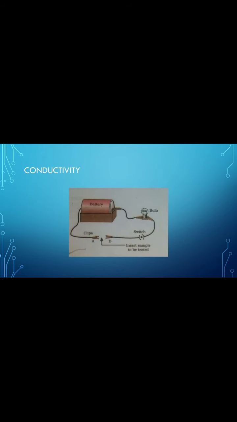The next is conductivity. Here a circuit is given. There is a battery, then a bulb, then an on-off switch, and clips A and B. This is activity 3.6 in your NCERT, and it says that when you insert any metal between A and B and switch on this circuit, the bulb will glow.